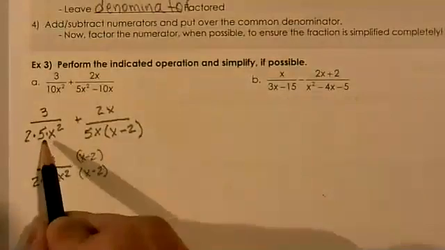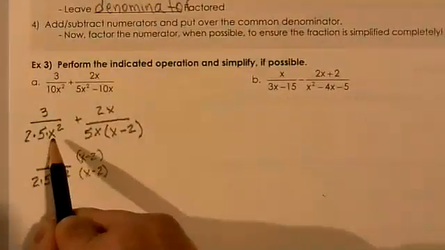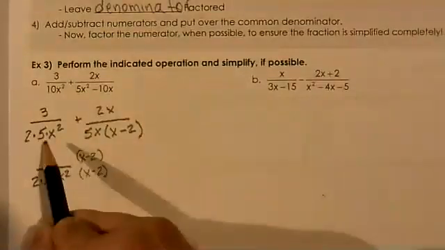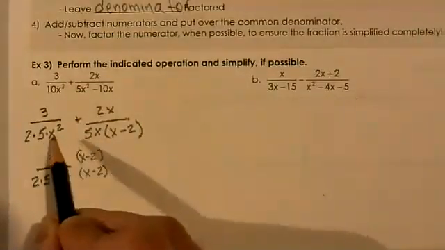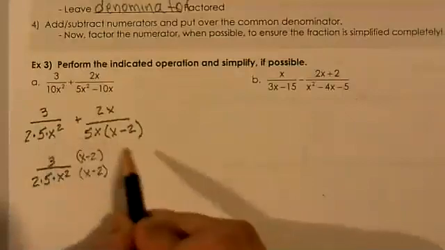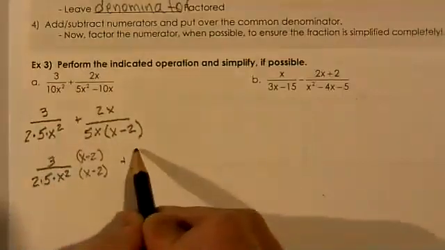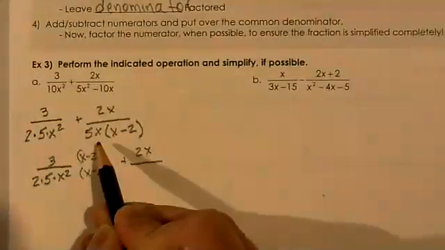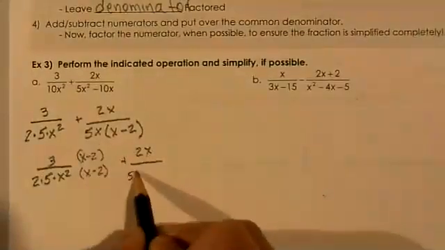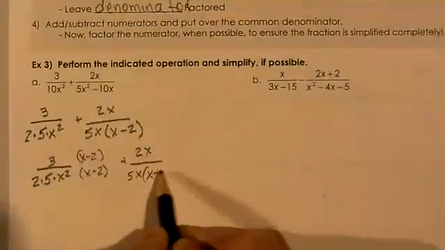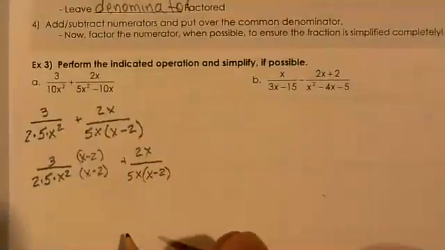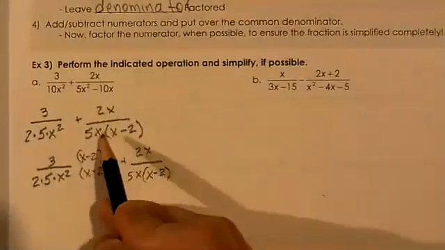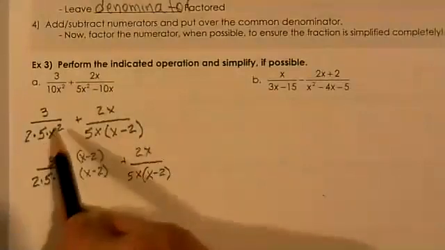This denominator doesn't have the x minus 2, so we have to multiply the bottom and the top by that missing term for the denominators to be the same. Now let's look over here. I currently have a 5x and an x minus 2. What is missing? Well, this one has an x squared.